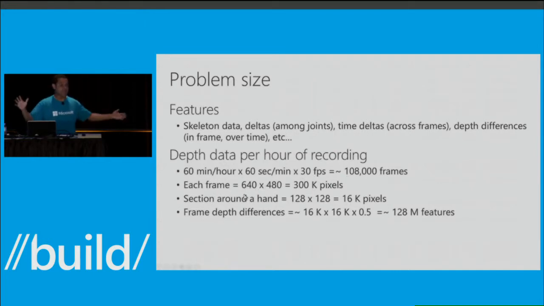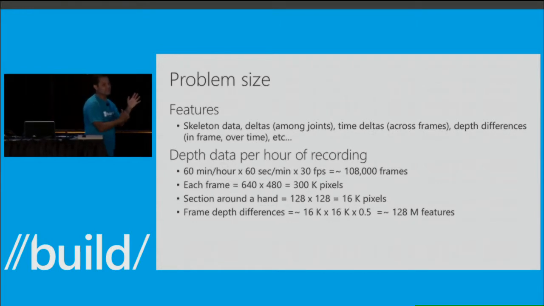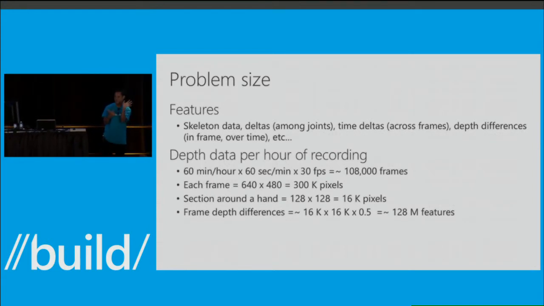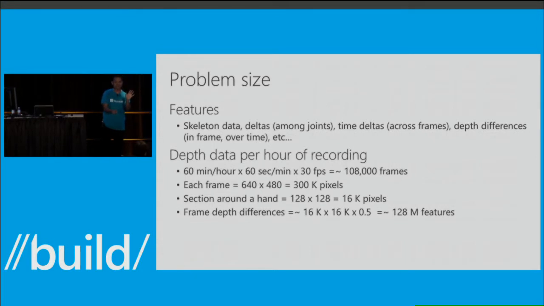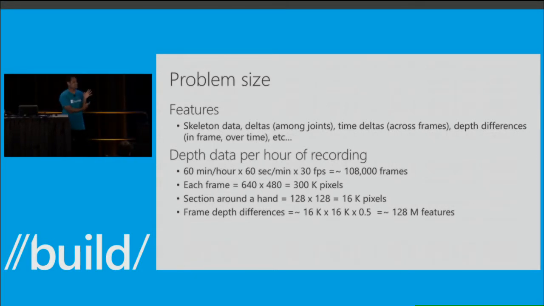Each frame has 640 by 480, so 300K pixels. Even if my window around this center of the hand is just 128 by 128 pixels, I have what? 16K pixels. Now I have to try to see if the depth difference between any of those pixels can give me the information if the hand is open or closed. So this is a large-scale problem.